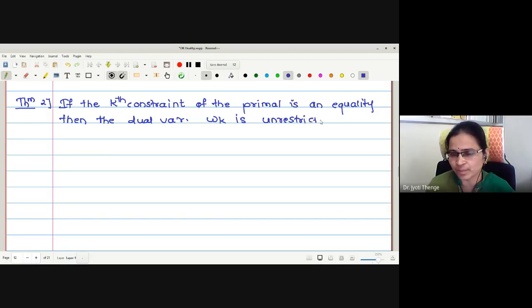While solving the example, we observed this, but now we have to give the textbook proof of this statement. What is given to us?